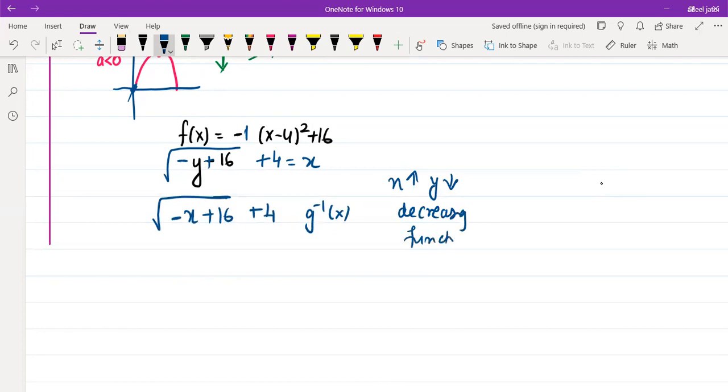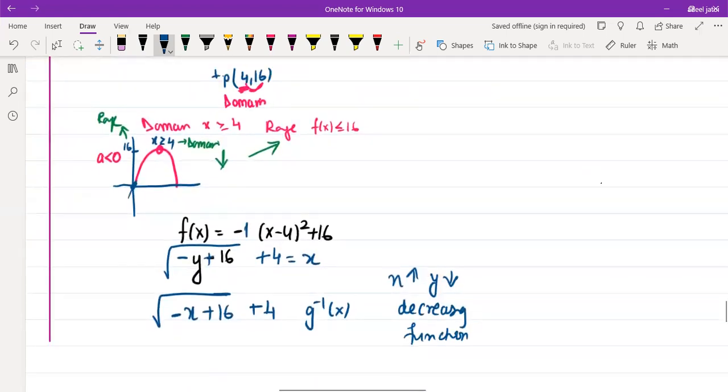But you should be well aware that normally your decreasing function comes through the substitution, but still you can guess it through the curve as well. Your curve suggests that from the turning point, x is greater than or equal to 4. That means only this part is taken into consideration.